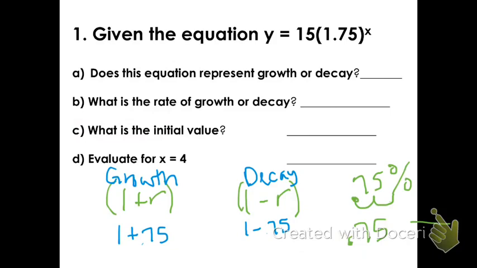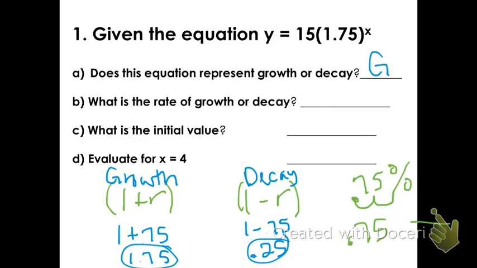To the left, I come up with 1.75, which I have up there, and to the right, I should come out with, give me a minute, 0.75 minus 1, and I should come out with 0.25. So you see a good example, growth, decay. So we know the answer for this one should be, I'm just going to put G for growth, okay? You guys put growth on your paper, I'm going to put G for growth for me, okay?